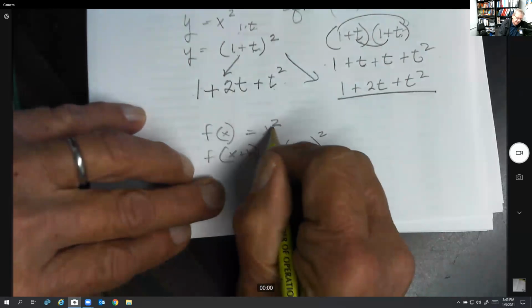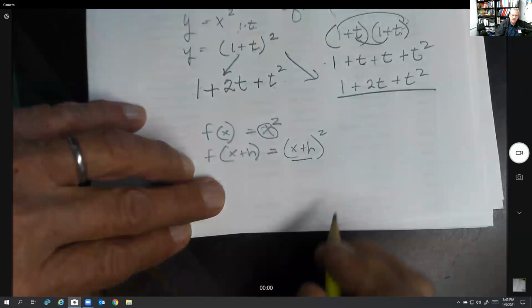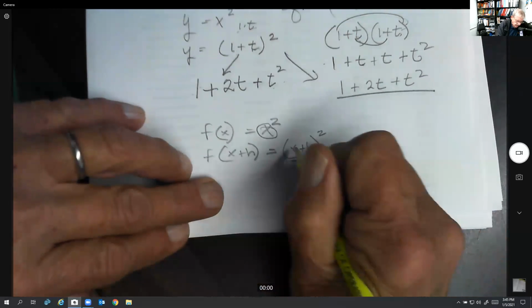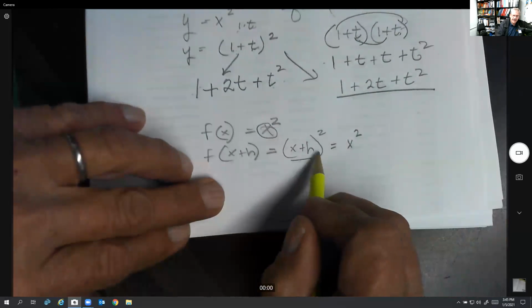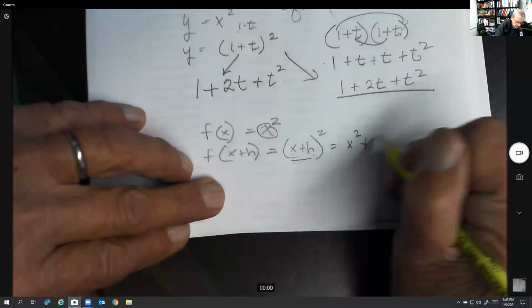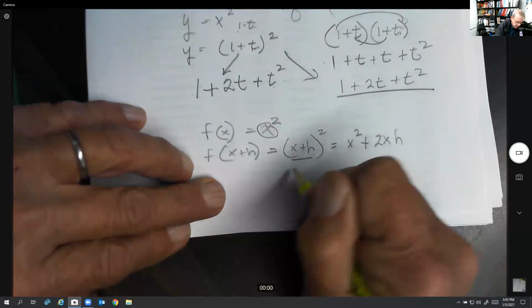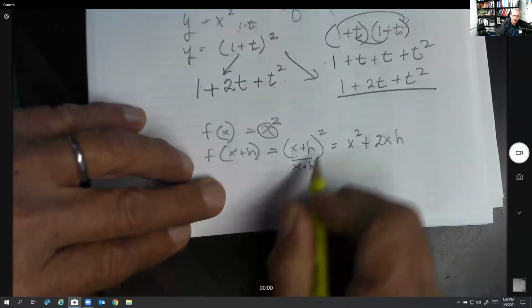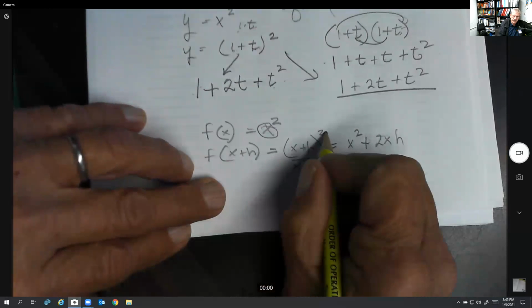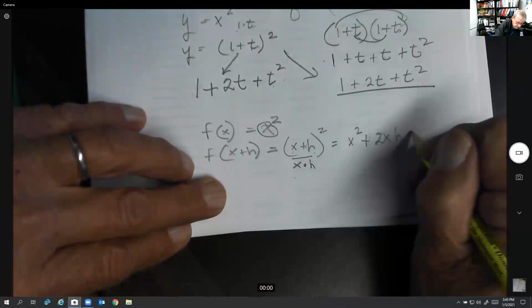We're replacing this x with x plus h. And then we're going to do a square. Multiply these together, xh, and double that, plus 2xh. You're thinking of x times h and doubling it. And then you're going to square the last term, h squared.